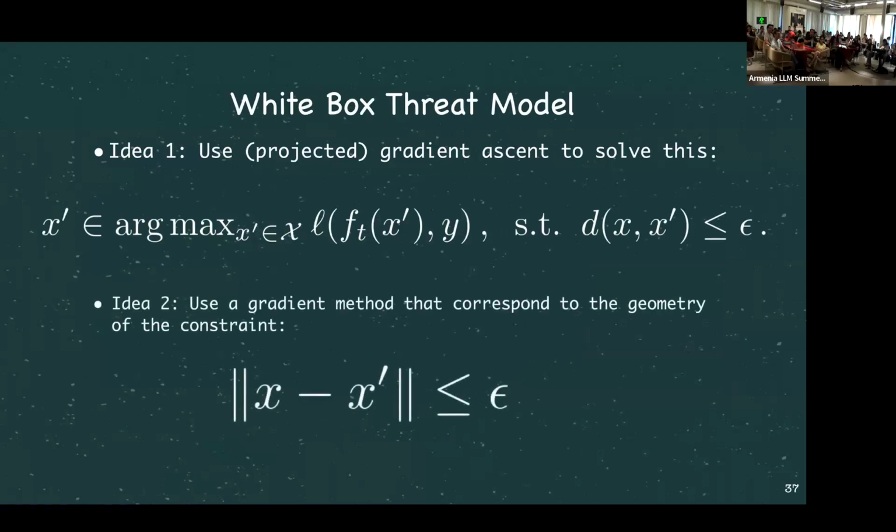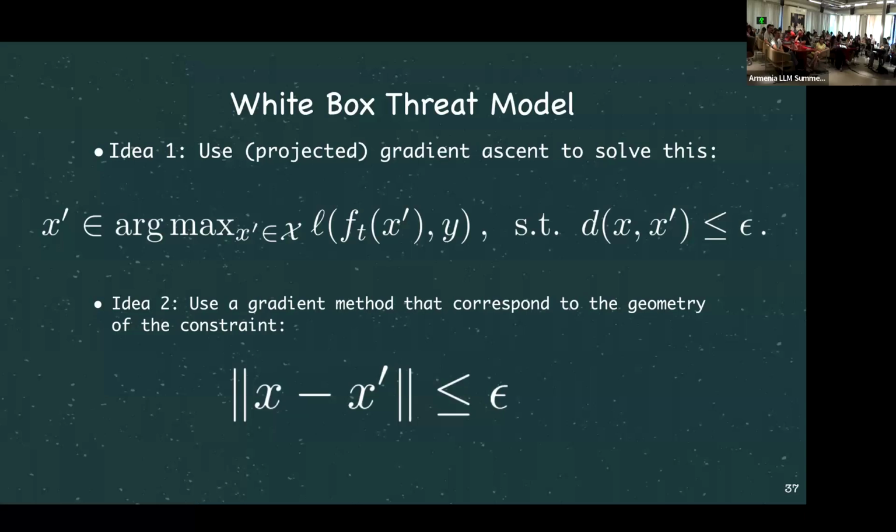And yeah, there are two ideas to do the attack. If you want to maximize the loss, we use projected gradient ascent. We compute the gradient of this loss, try to maximize the value, and make sure we stay within the constraint.